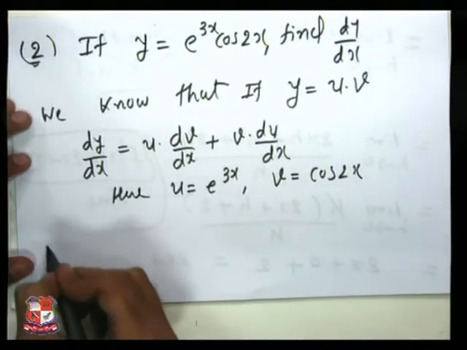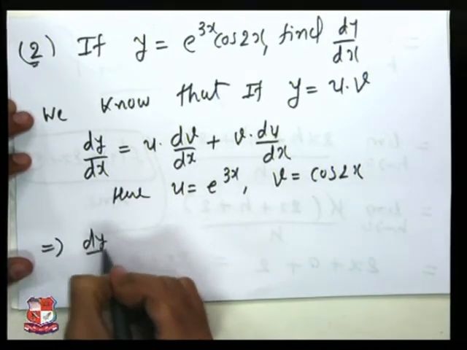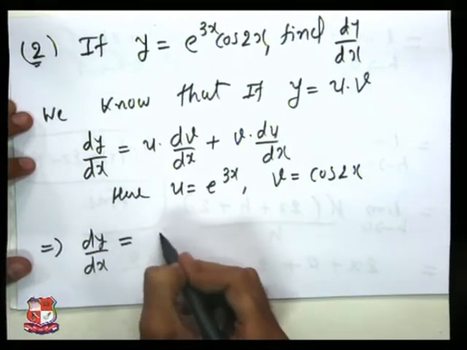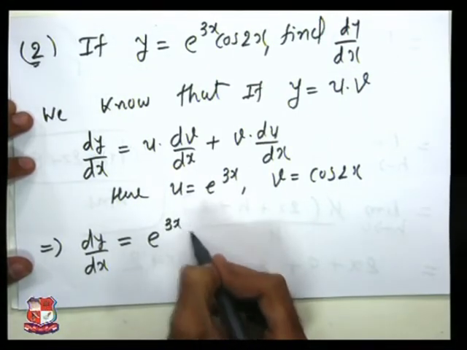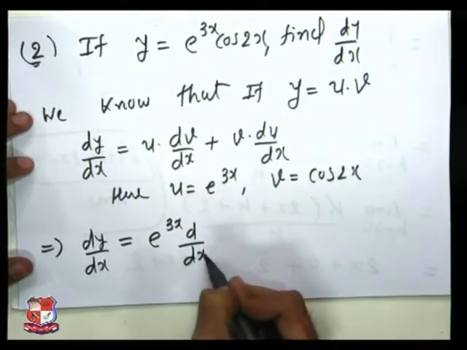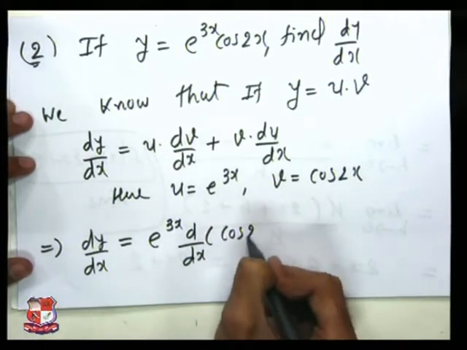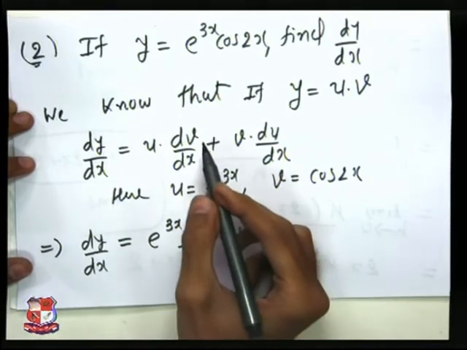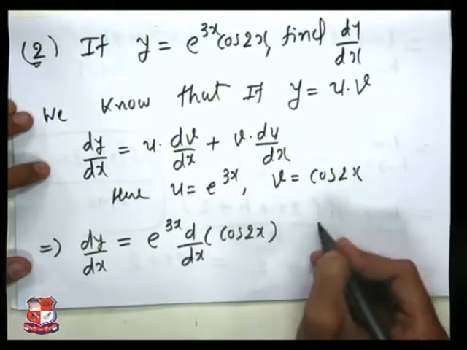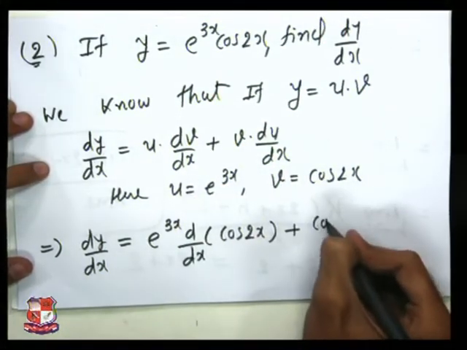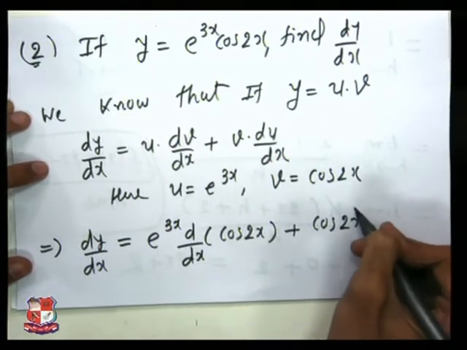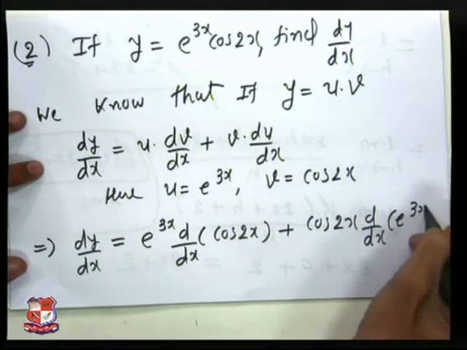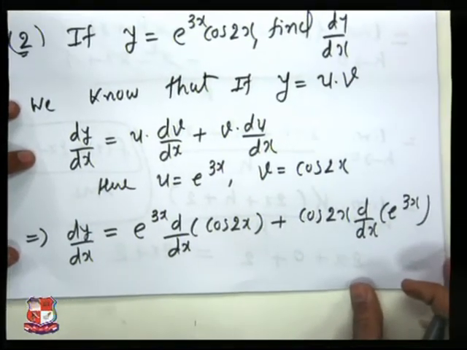So dy by dx is equal to e raised to 3x into d by dx of cos 2x plus cos 2x into d by dx of e raised to 3x.